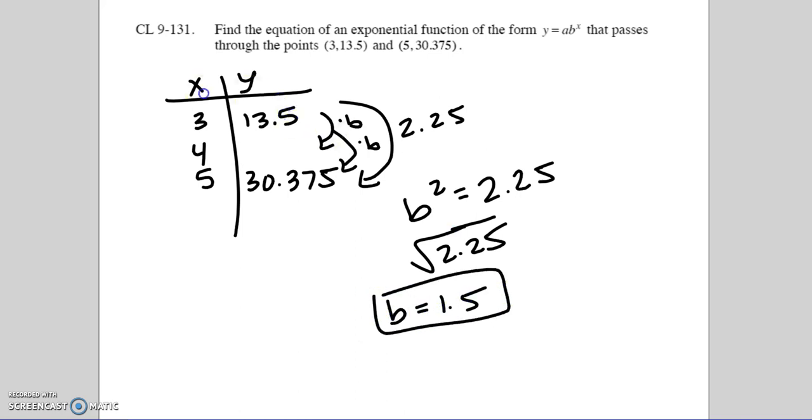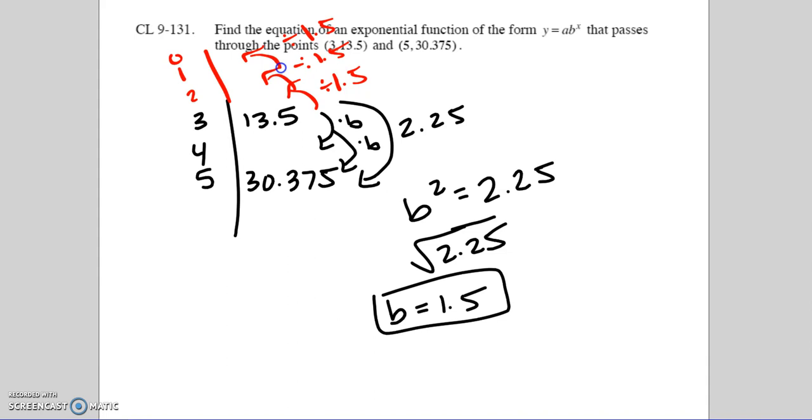Okay, and then we're going to use that to find our zero term. So I'm going to extend this table backwards. And instead of multiplying by 1.5, we're going to divide by 1.5 until we get to the zero term.